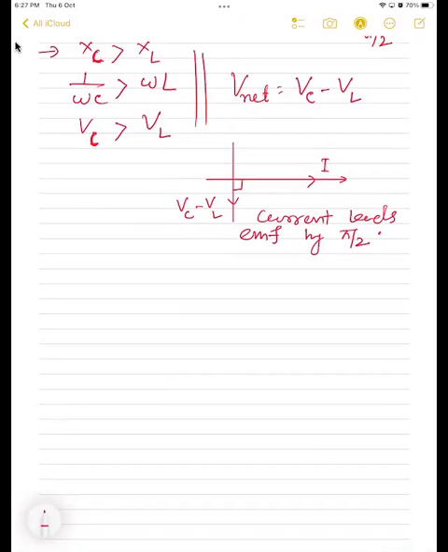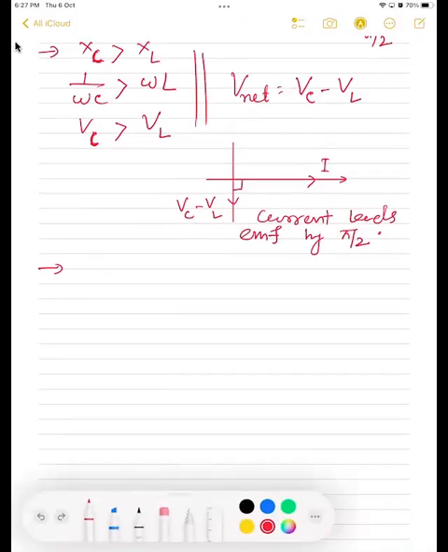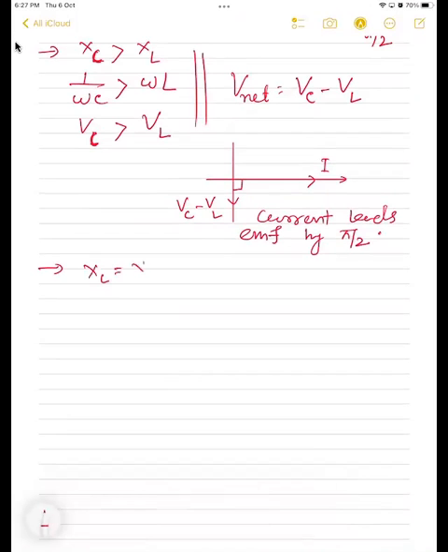And let us see one more case. If omega L is equal to omega C, that means XL is equal to XC. That means omega L is equal to 1 by omega C, correct? Then Z is going to be how much?